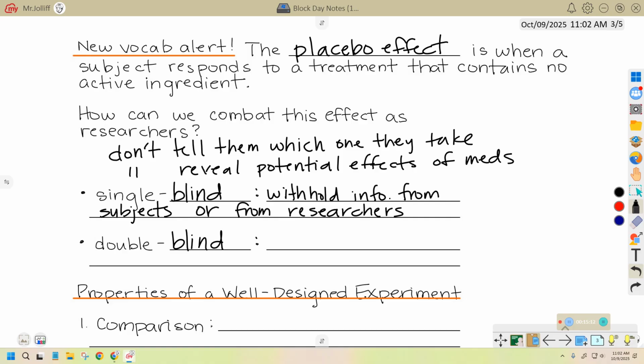Because chances are, as the researcher, I'm not the doctor who's administering the meds to the patient in a doctor's office, right? So I want the doctor who's interacting with the patient to not know which pill they're giving the patient. So I want the people interacting with the subjects to be blind, or I want the subjects themselves to be blind. That's single blind, one or the other. Double blind is when neither of them knows.